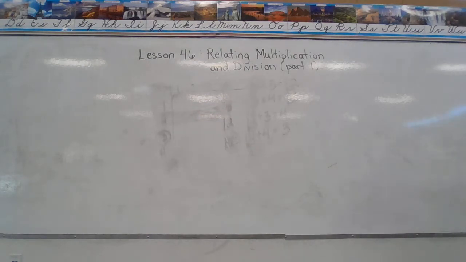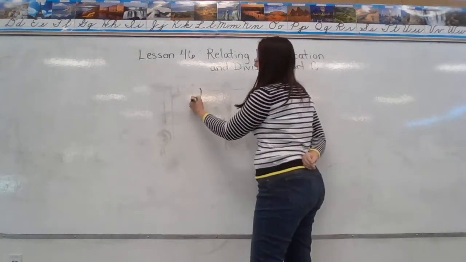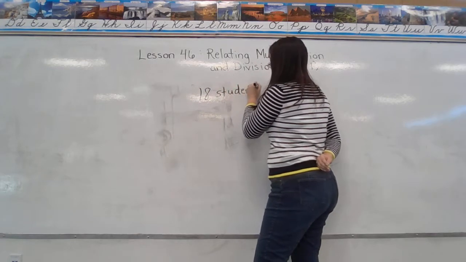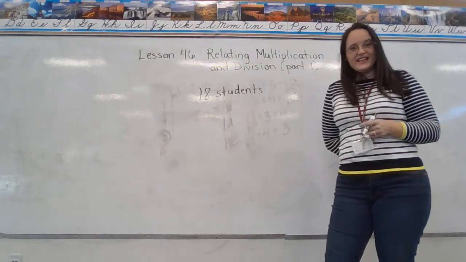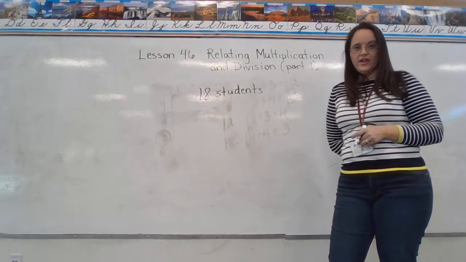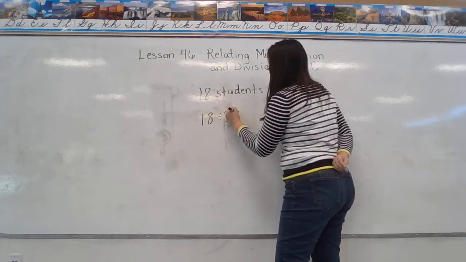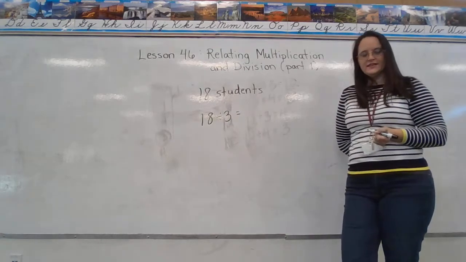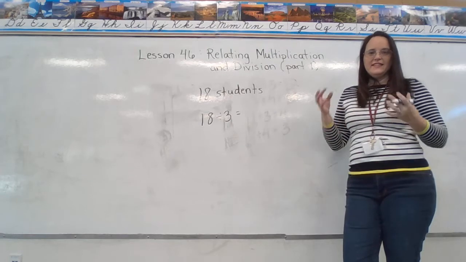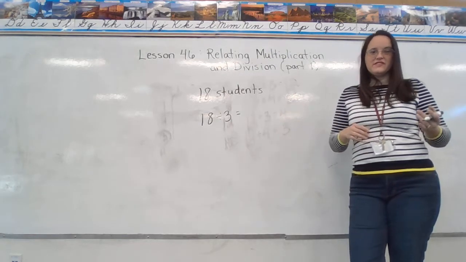The last example I have for you is: a PE class had 18 students. The teacher divided the class into groups of 3. How many groups were there? So we would say 18 divided by 3 equals, and here's where this relationship is really helpful. I find that kids learn their multiplication facts a lot easier and quicker than their division facts.